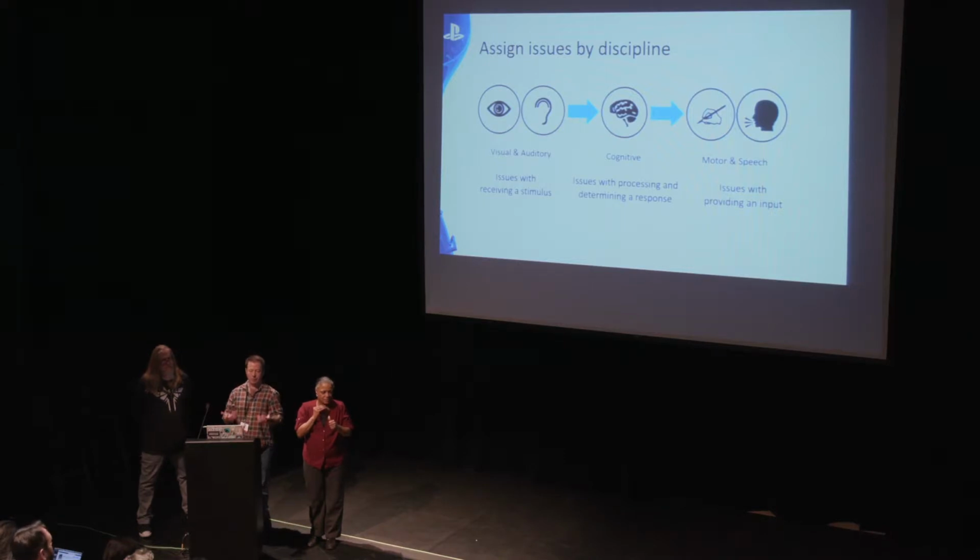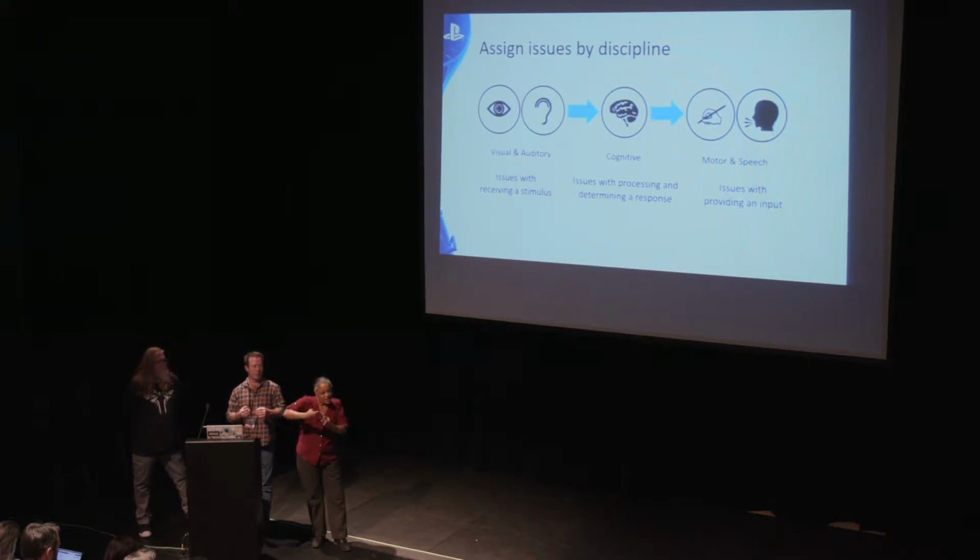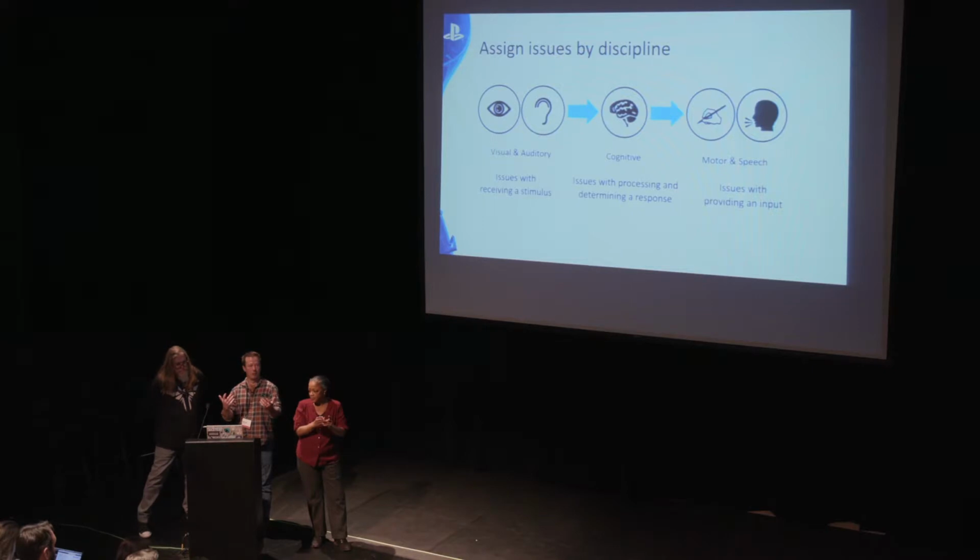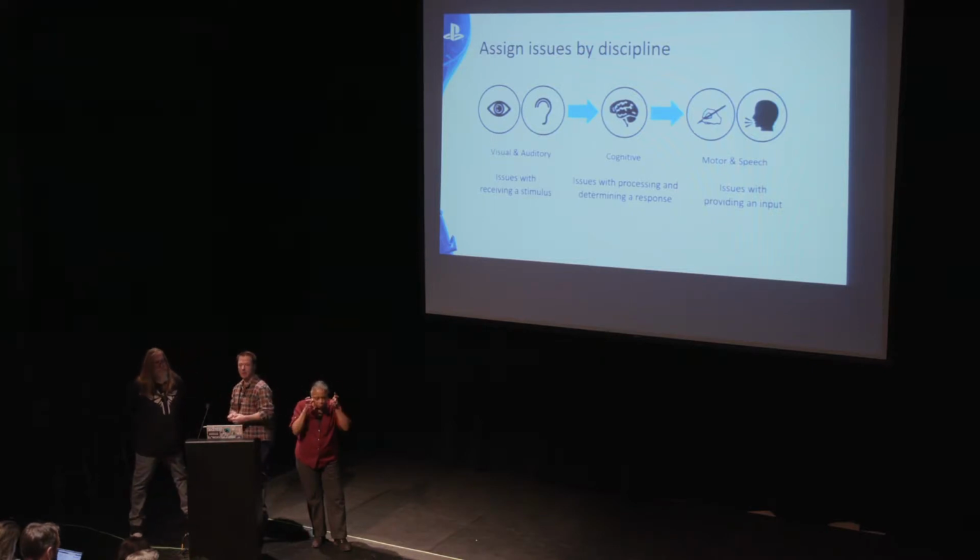So he's grouped vision issues and audio issues together as issues that have to do with problems receiving a stimulus or taking in some element of what the game is trying to tell you. Of course, in the middle, you do some processing, and that's where you might see some difficulties, people who have cognitive issues. And then there are also issues potentially in the response that a person has to it.